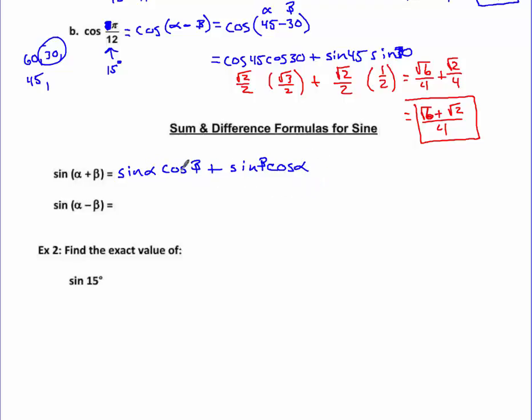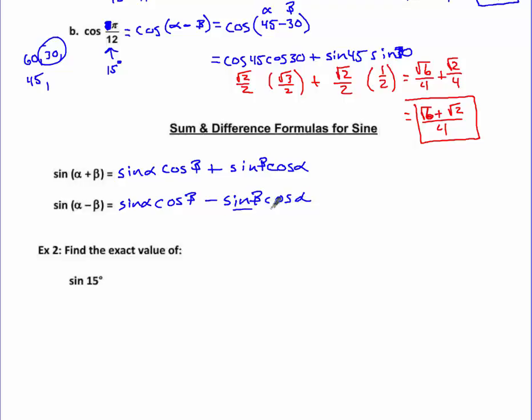So sine, cosine, sine, cosine. And then for the minus, it's sine alpha cosine beta minus sine beta cosine alpha.